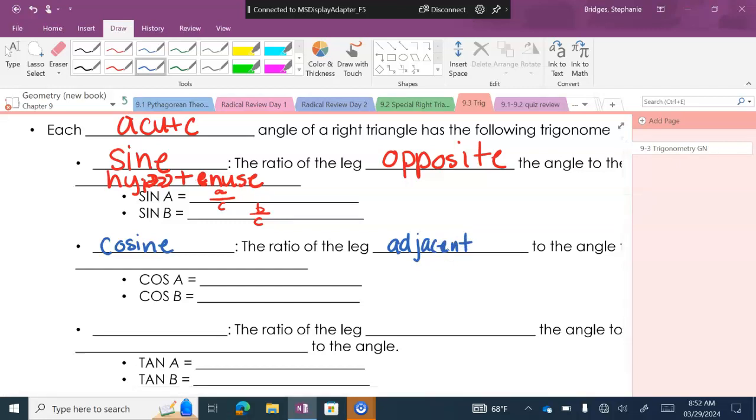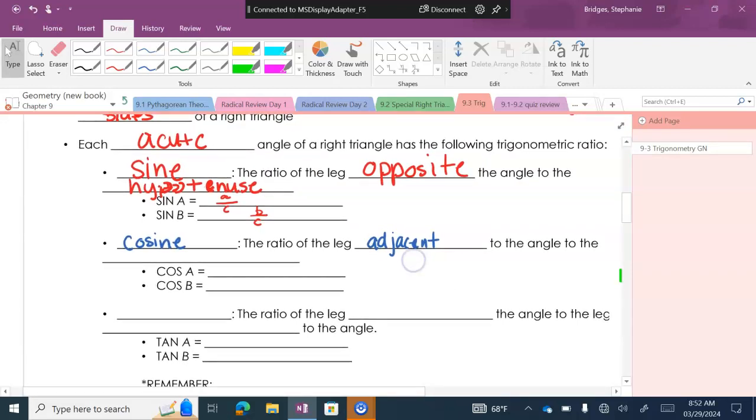So not across the triangle, but next to the angle. And it is also over the hypotenuse. So cosine is adjacent over hypotenuse. Sine is opposite over hypotenuse. Cosine is adjacent over hypotenuse.